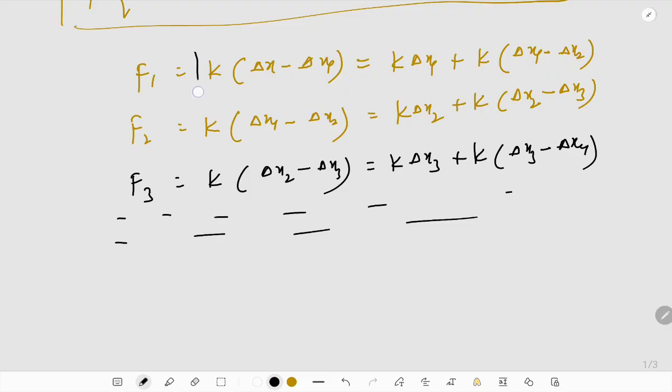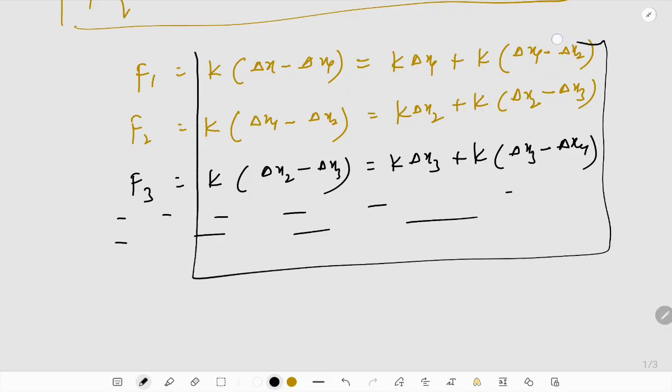So if we add all of these equations together, we can see k is gone from the equations, and the left hand side is simply delta x, because delta x1 and delta x2 and delta x3 are cancelled by the next equation.